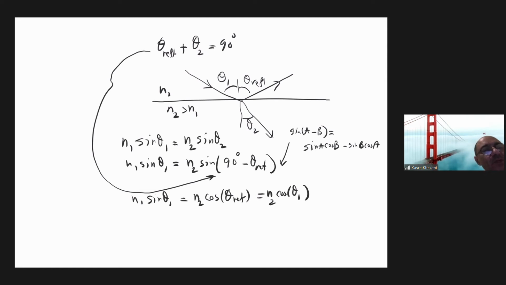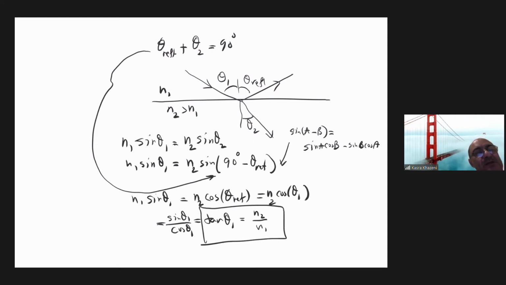And then this will give you sine of theta 1 over cosine of theta 1, which is tangent of theta 1, is equal to N2 over N1.